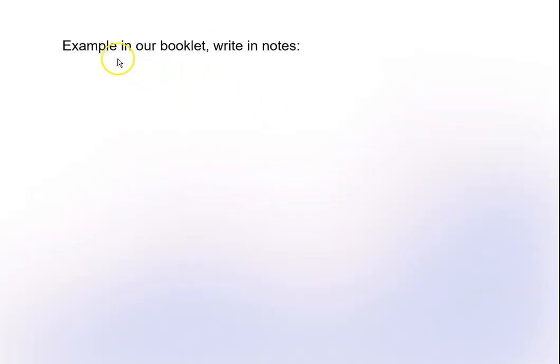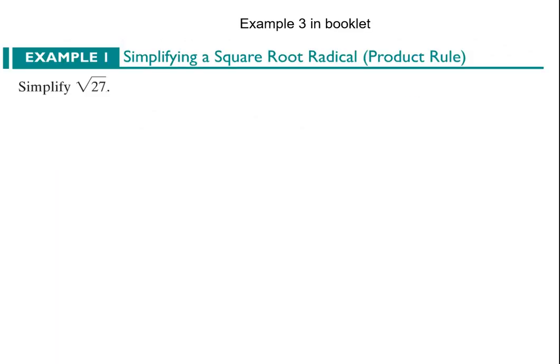Now, we're going to write some examples in our booklet as part of our notes. Some of these are not listed, so if they're not in your booklet, you are to write them in your booklet.